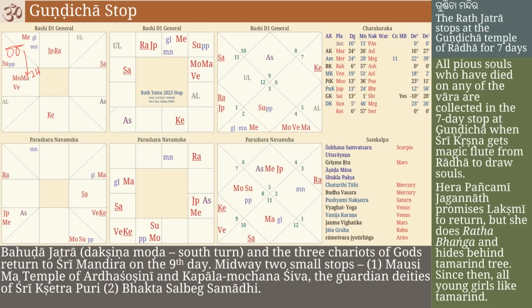So the journey from the Jagannath temple to the Gundicha temple is just 1 day or 2 days. Normally it is a 1 or 2 days journey. But in this place, the stop is for 7 days. It has to stop for 7 days.